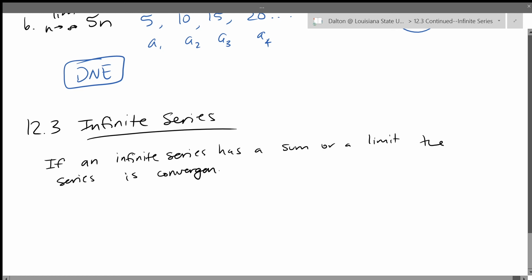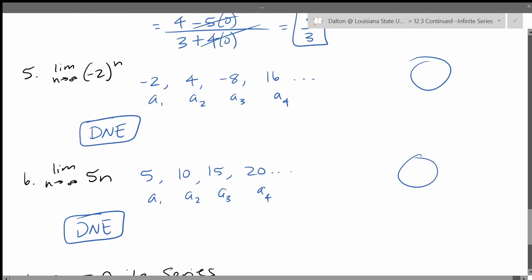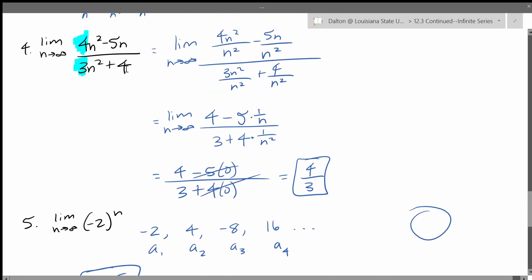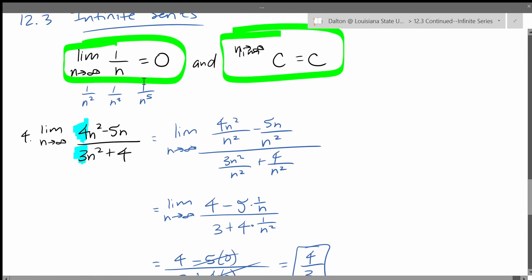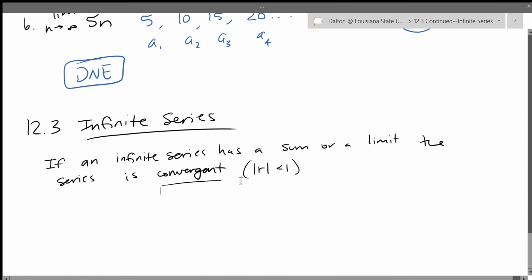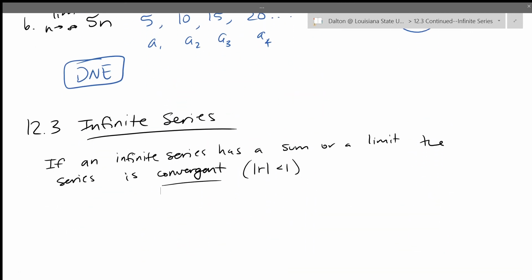And in this case, the absolute value of the ratio is less than 1. Convergent. Those were the scenarios that we had up here, where these ratios, if we actually found them to get from one number to the next, would be less than 1. And what's happening is they're getting smaller and smaller, so we can actually add them up together.